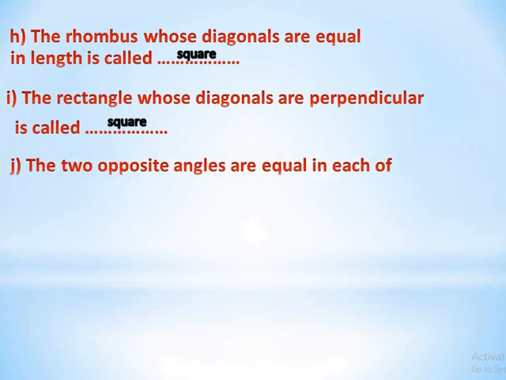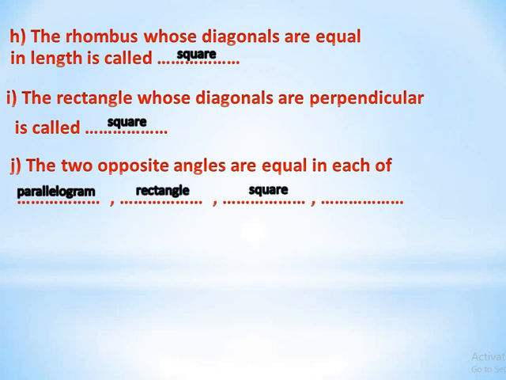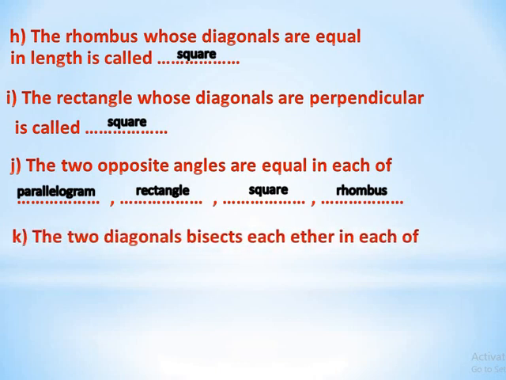The two opposite angles are equal in all shapes except the trapezium: parallelogram, rectangle, square, rhombus. The two diagonals bisect each other in each.